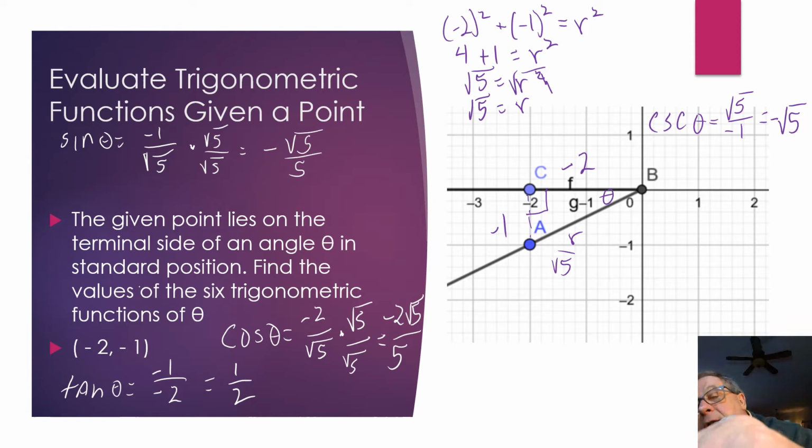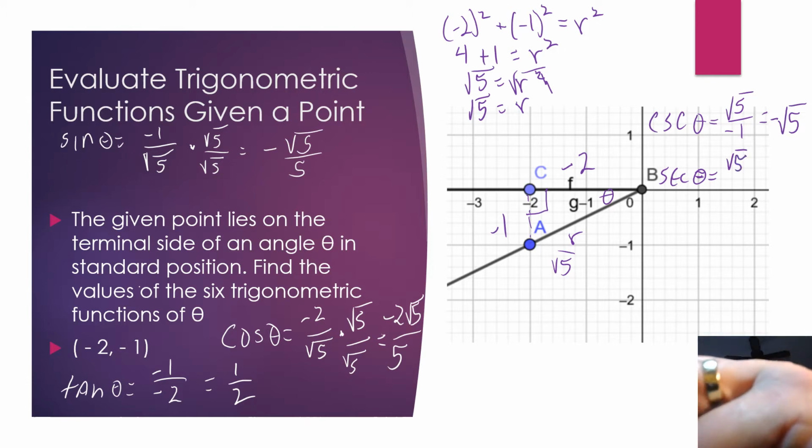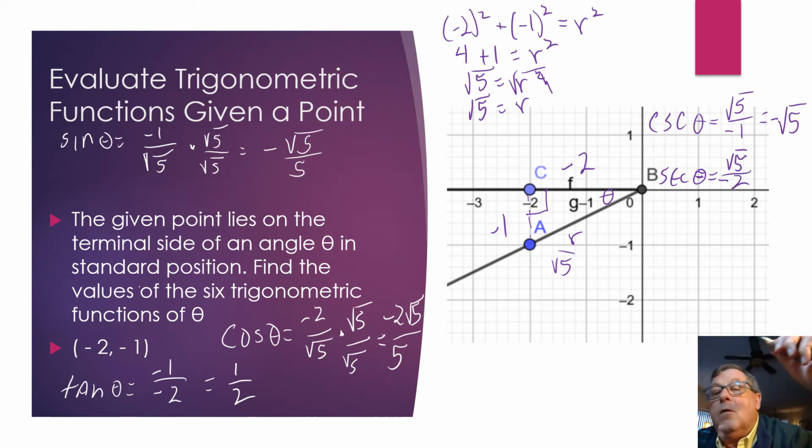My secant is going to be the radius over the x-coordinate. My radius is the square root of 5, over -2. Or I might just say negative square root of 5 over 2.